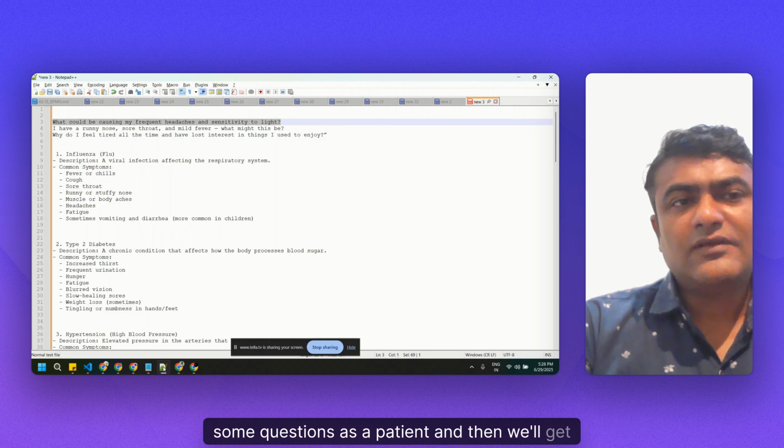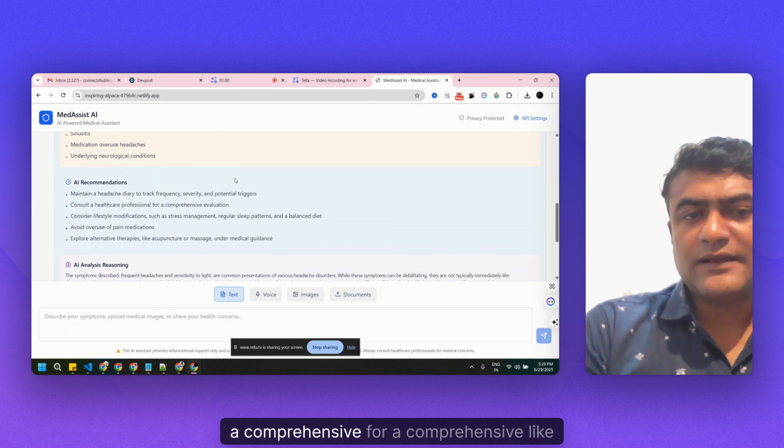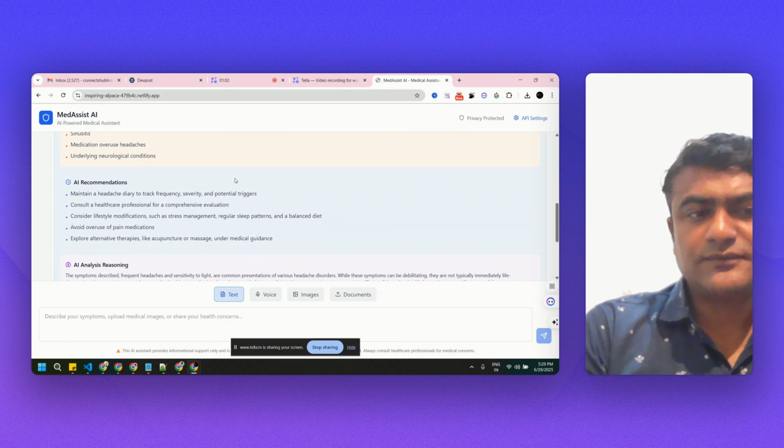It has analyzed and presented that it could be due to migraine, tension headaches, cluster headaches, sinusitis, medication overuse headache, or underlying neurological symptoms. It has recommended maintaining a diary for tracking headache severity and potential triggers, and consulting a healthcare professional for a comprehensive evaluation.